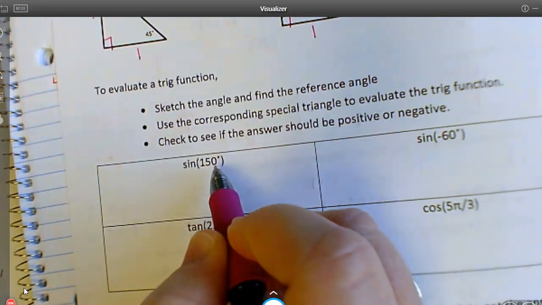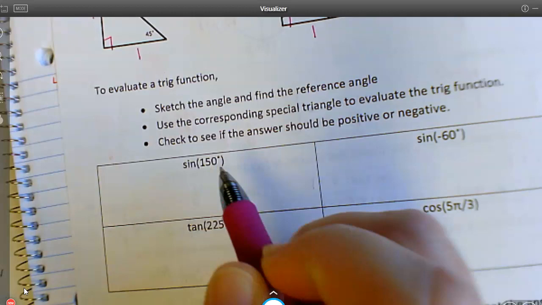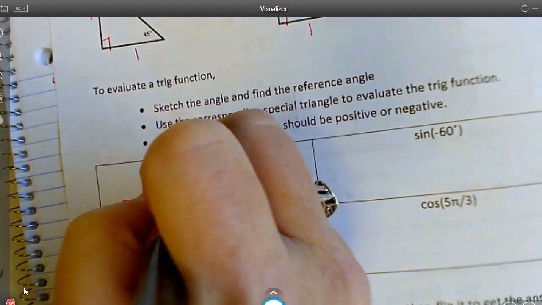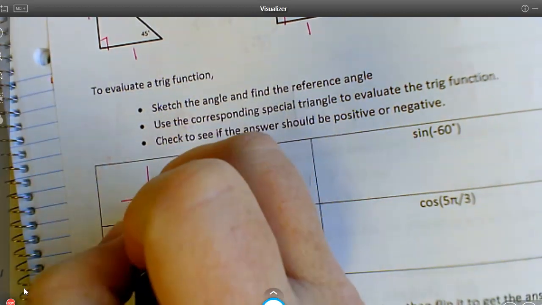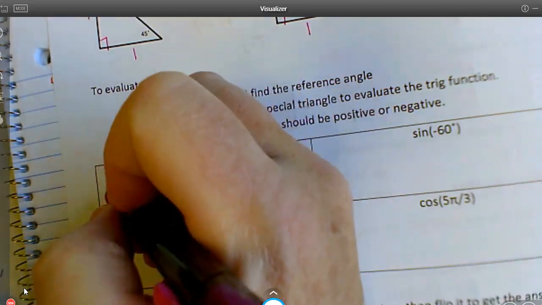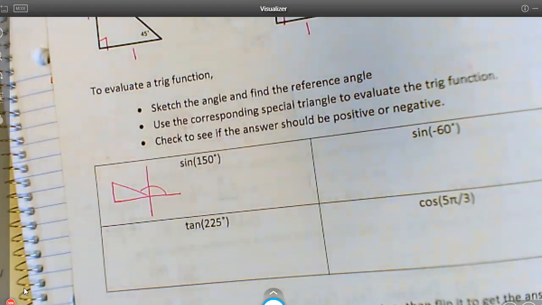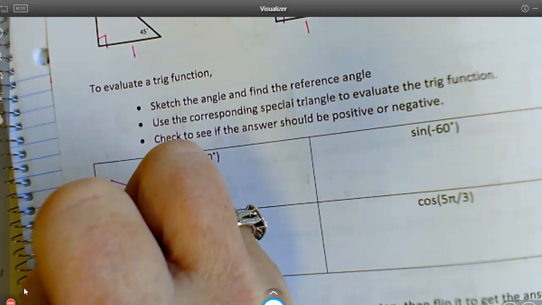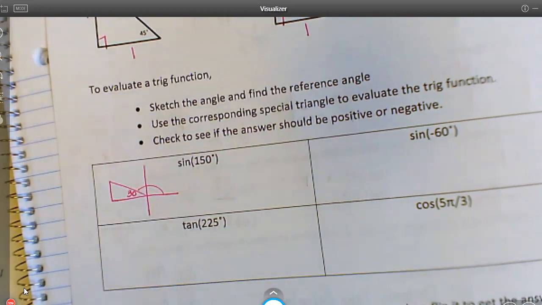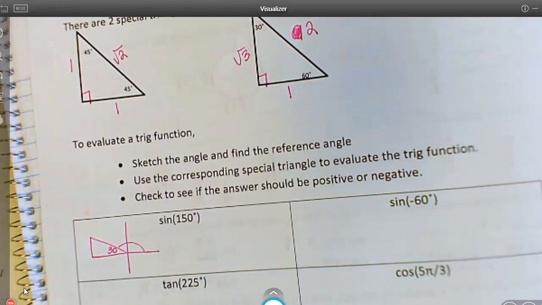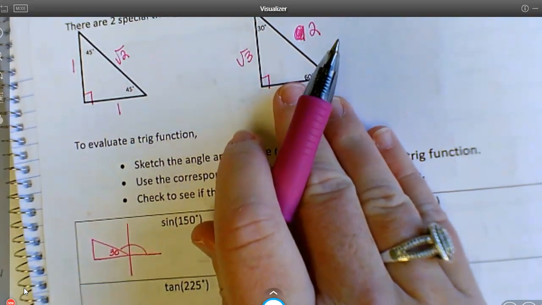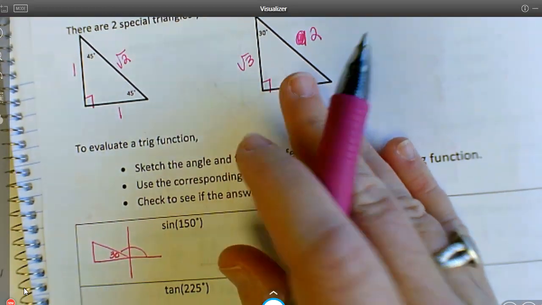Alrighty, so we're going to start with sine of 150. We're going to draw it. 150 is over in this quadrant, and then we're going to make our little triangle. Okay? What's our reference angle for 150? 30. And remember, we're not using a calculator, but I think you can subtract 150 from 180 without it. So 30 is our reference angle. What that means is we're looking at the 30-60-90 triangle.